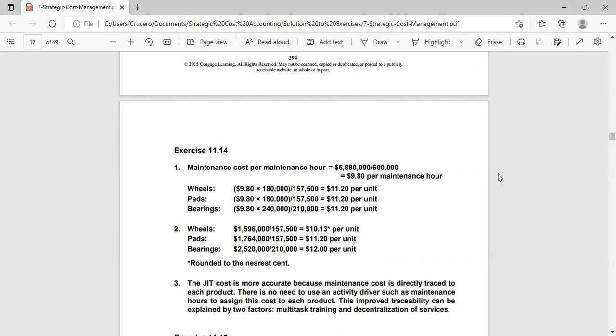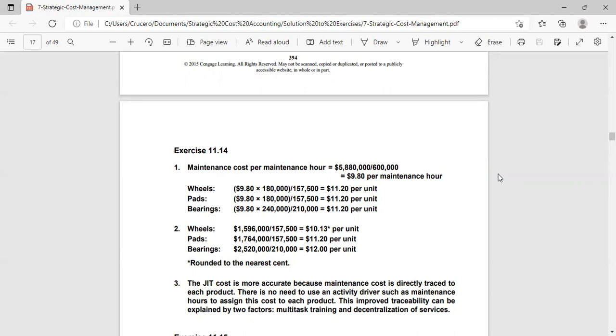So we now compute the maintenance cost per maintenance hour. 5,880,000, that's the total maintenance cost. Divide this by the total of 600,000 maintenance hours. So you add the maintenance hours, with a total of 600,000 maintenance hours.